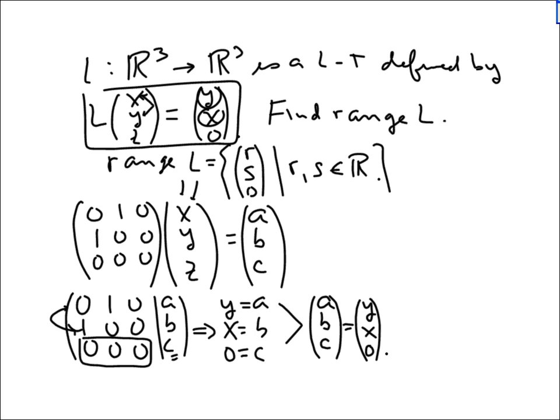Okay, C must be 0. That's the bottom line. Okay? The range of L is the set of all y, x, 0 such that y and x are real numbers.